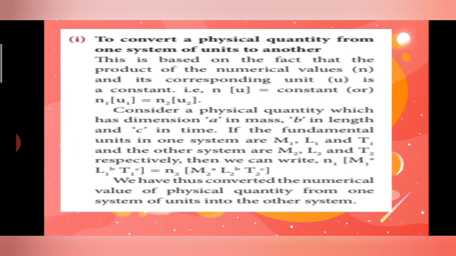If the fundamental units in one system are M1, L1 and T1 and in the other system are M2, L2 and T2 respectively, then we can write n1 [M1^a L1^b T1^c] = n2 [M2^a L2^b T2^c]. We have thus converted the numerical value of a physical quantity from one system of units into the other.